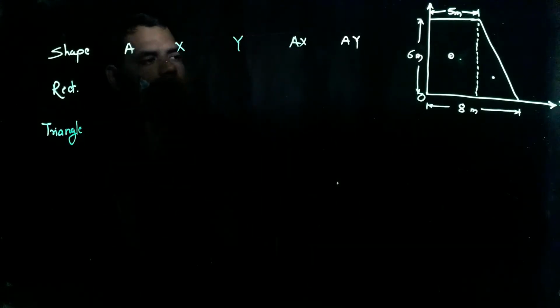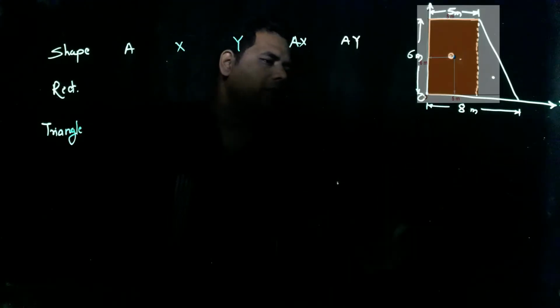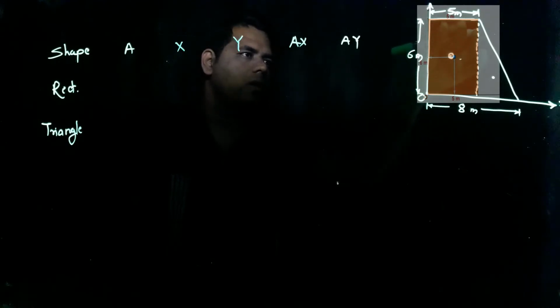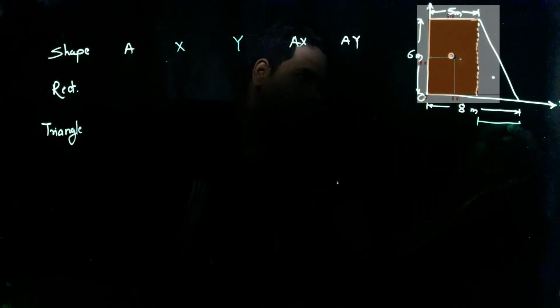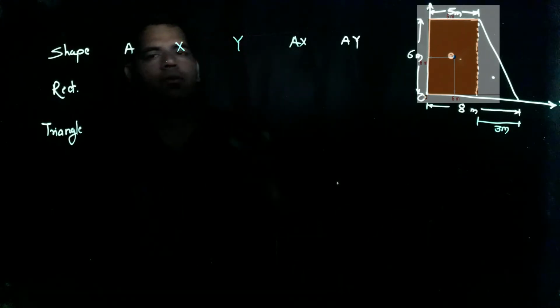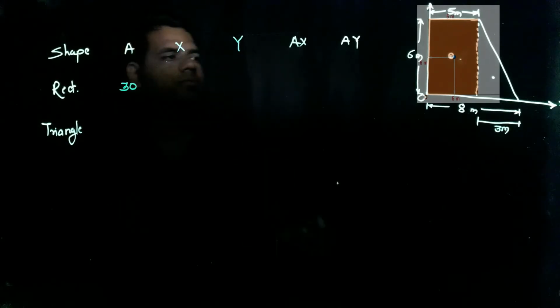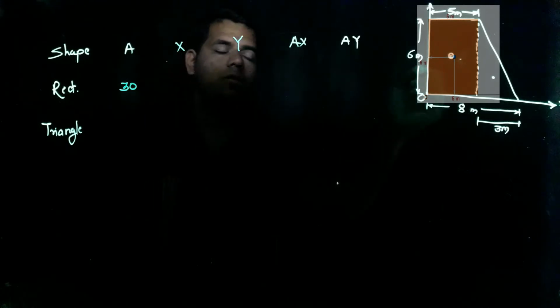Areas for these two. Here the total base is given as 8, the height is 6, and this distance is given as 5. So for the rectangle the side is 5, and for the triangle this is 3 meter. So 5 into 6, that is 30, the area of the rectangle.